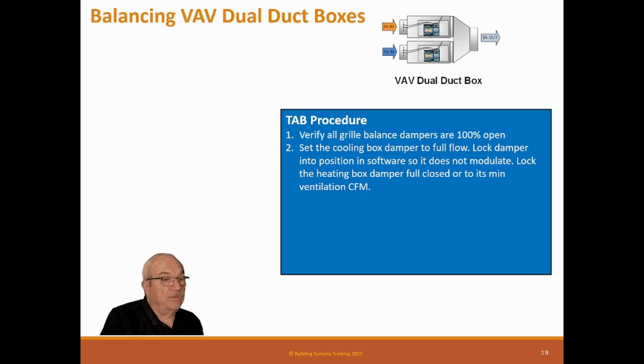Now what we're going to do is we're going to balance and calibrate the cooling boxes first. And the reason we're going to do that is because it's kind of hard for me to tell you exactly the right way to do this because the system design kind of might mess it up. Because the designer has the opportunity here to make the heating side and cooling side different sizes. You know, in a constant volume one, they have to be exactly the same size.